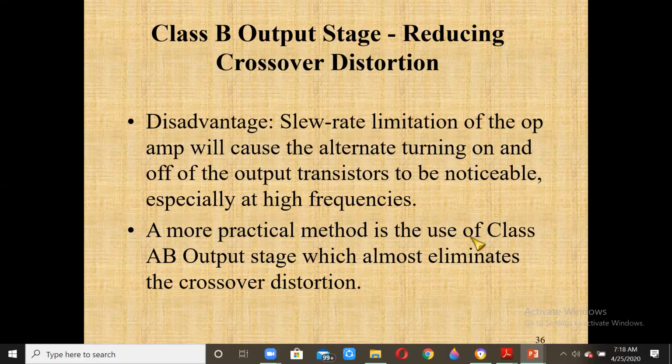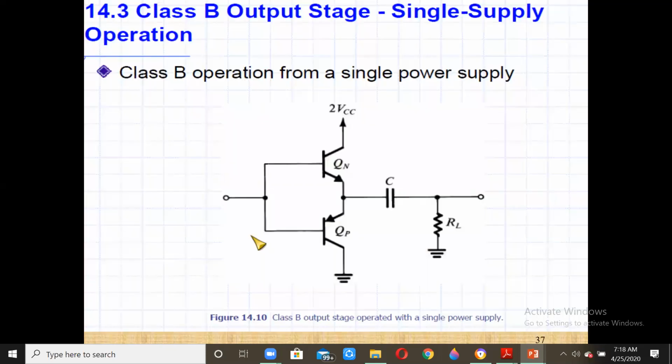A more practical method is the use of a class AB output stage, which almost eliminates the crossover distortion. So we will see later that class AB is the one which is responsible for eliminating the crossover distortion. The class B output amplifier can use only a single supply operation.